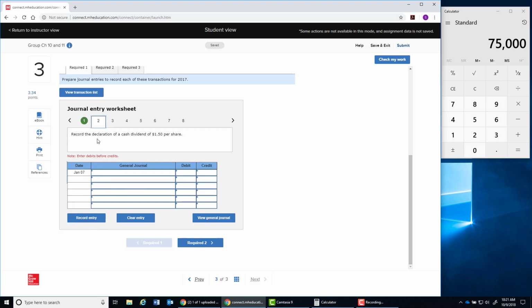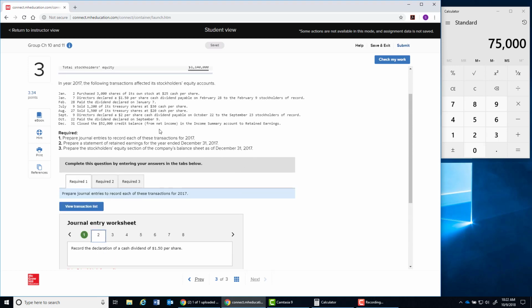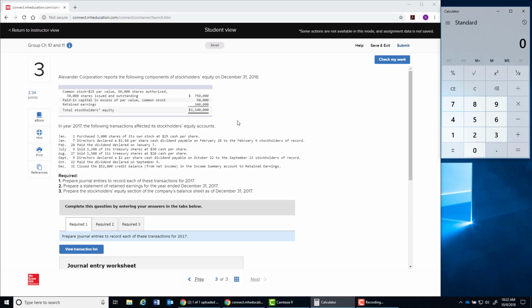So here we now record the declaration of a cash dividend of $1.50 per share. So what we have to do is multiply that $1.50 by how many shares we have outstanding. Well, this says that we have 30,000 shares issued and outstanding. And before you go calculate 30,000 times 1.50 and check my work tells you it's wrong, right?